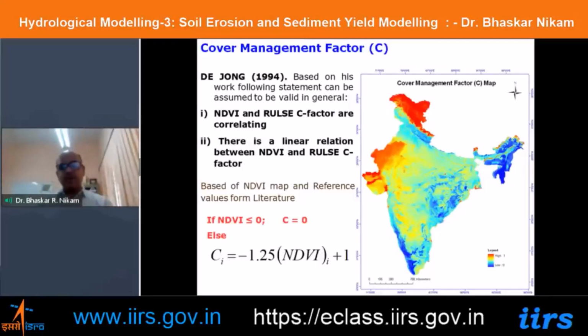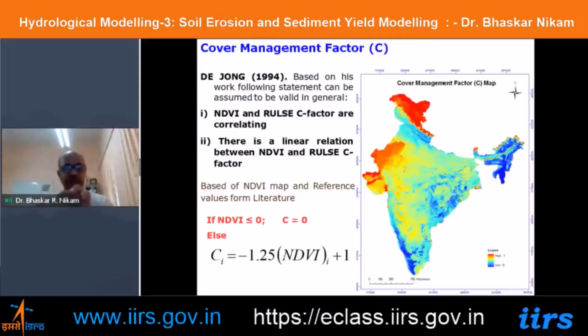Mathematically, the minimum value of C factor could be 0. So hypothetically, what I am assuming is if NDVI is equal to 1, C factor should be 0. You all must be agreeing with me. NDVI 1 means dense, healthy vegetation, which will minimize or maybe completely stop the erosion from happening.